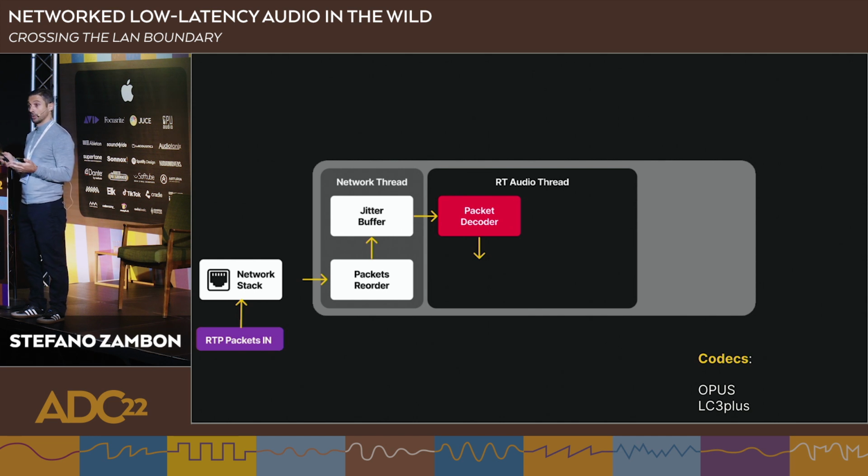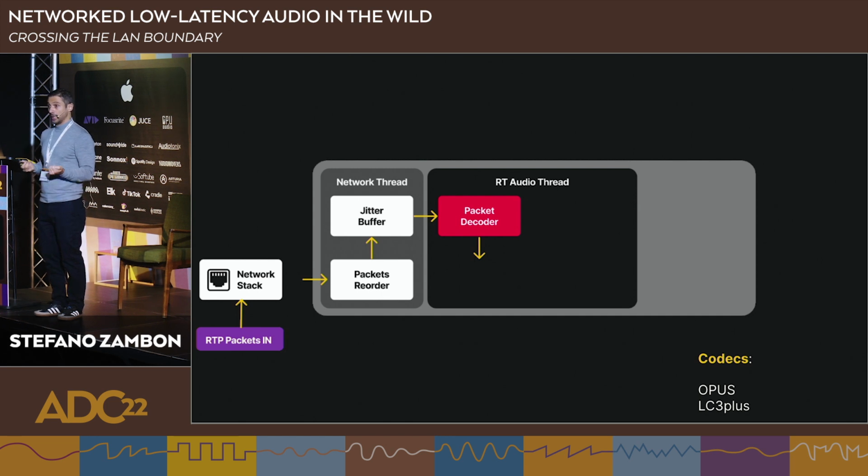Some perceptual codecs are good or can be used. For example, the Opus codec is used by Google Meet and those kinds of WebRTC frameworks. It's non-proprietary, free to use. There are other new codecs like LC3+, pretty interesting, which can operate down to 5 millisecond latency, and it's designed to be full bandwidth, not just for speech.